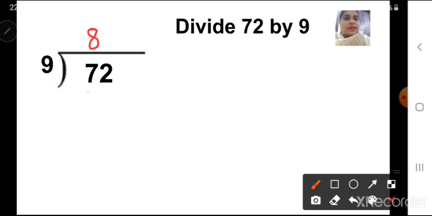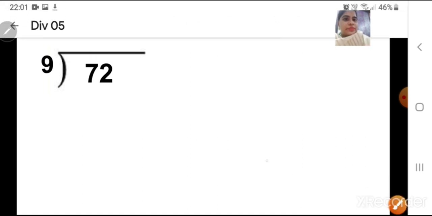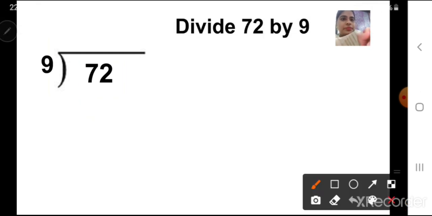9 eights are 72. Now children, the next step is subtraction. Here you can see we have got these two numbers. These two numbers we have to subtract. So it is minus 72.